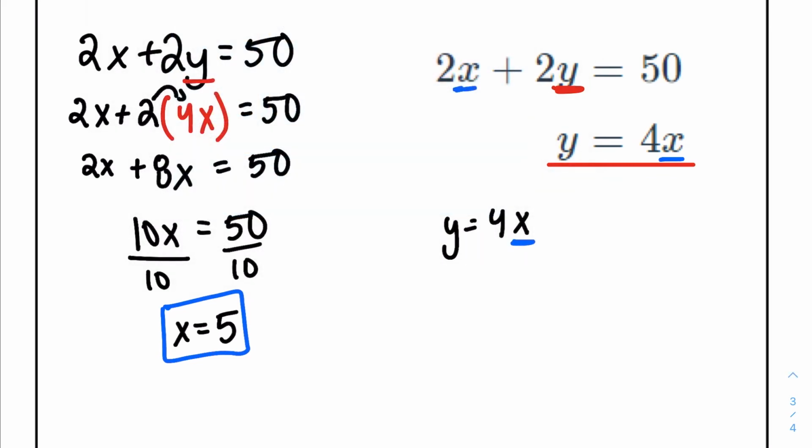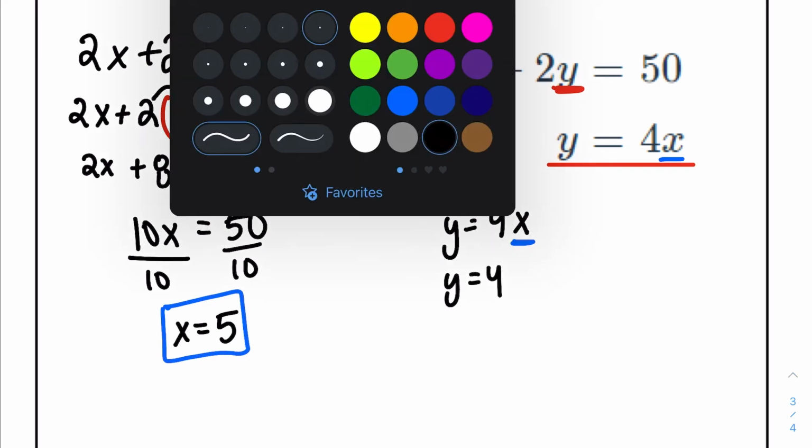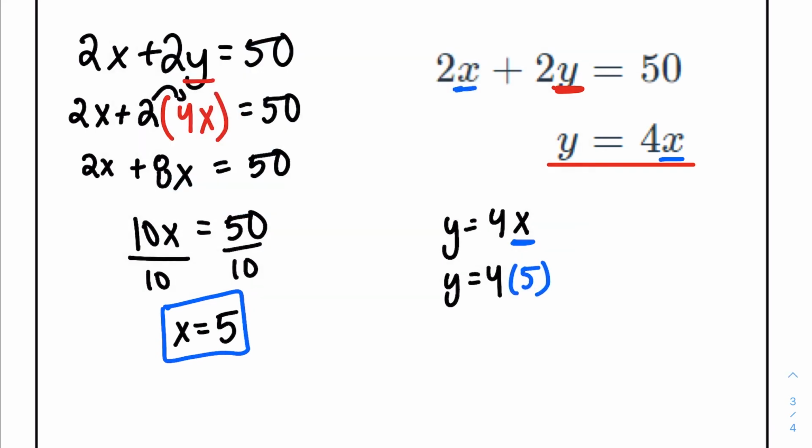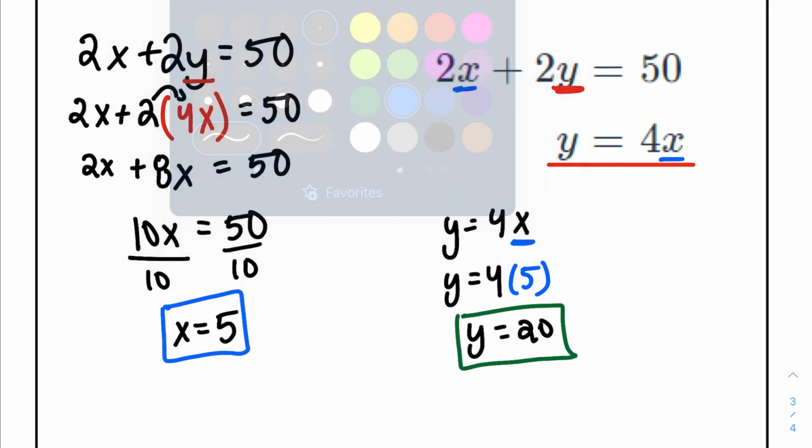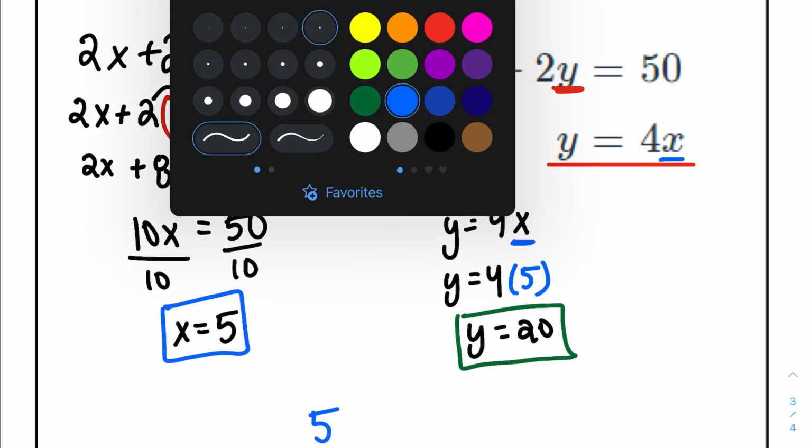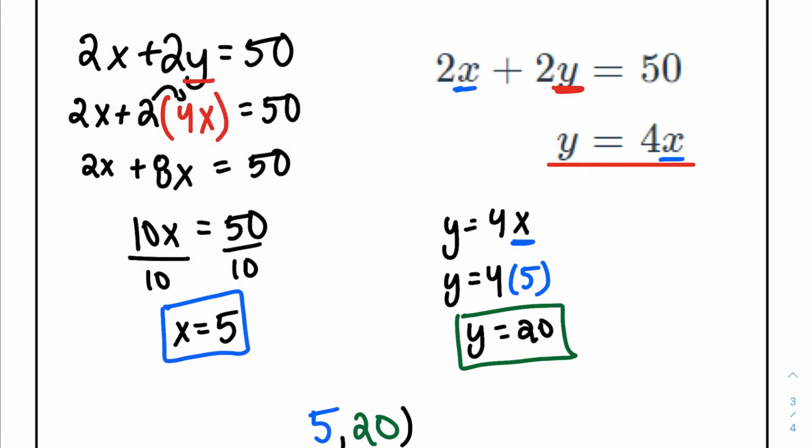So when I rewrite y is equal to 4 times x, x is equal to 5, we replace, we distribute, y is equal to 20. There's our final answer. We have one solution that crosses at the point (5, 20). Done. Okay. y equals 20, x equals 5, xy coordinate.